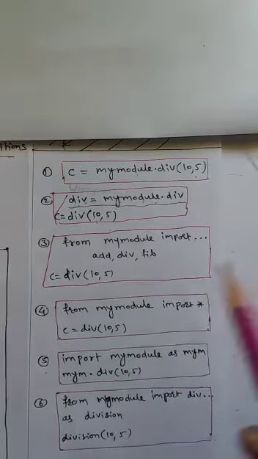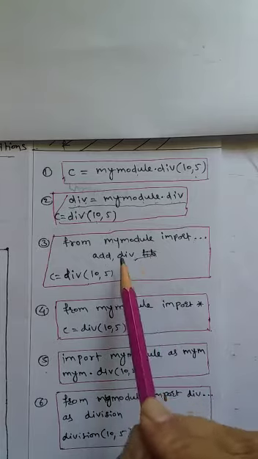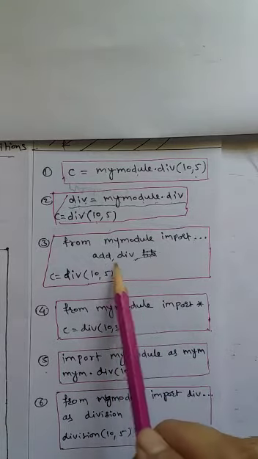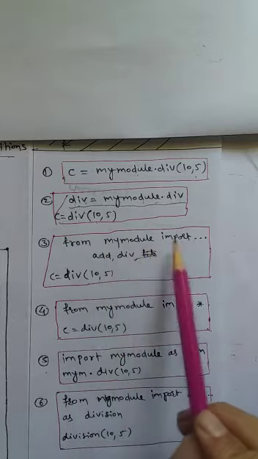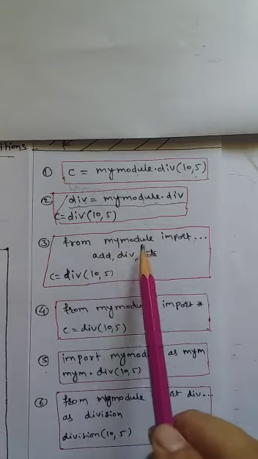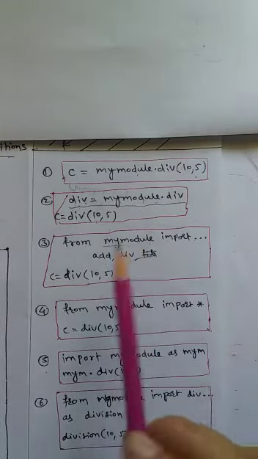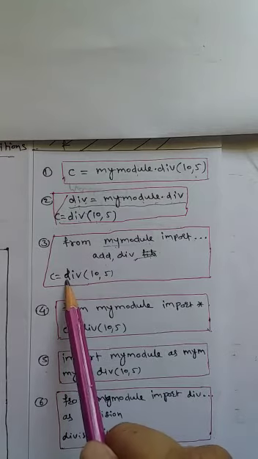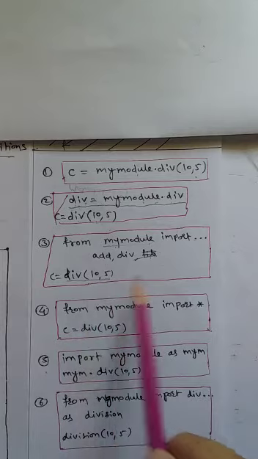It's not necessary; you can import a single one or two. So I am showing two here: from mymodule import add, div. Once you import in this way, there is no need to write the name of the module, mymodule. Directly you can access the function by its name, as div, passing the values 10, 5.